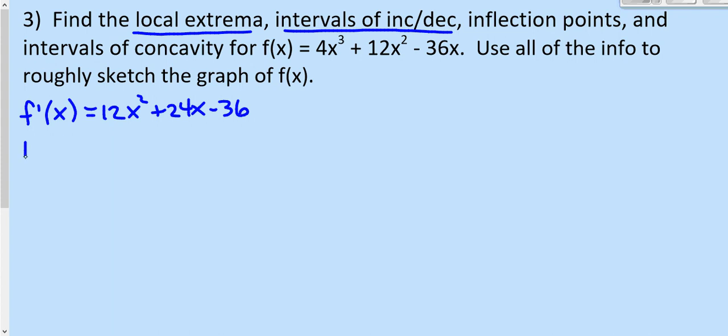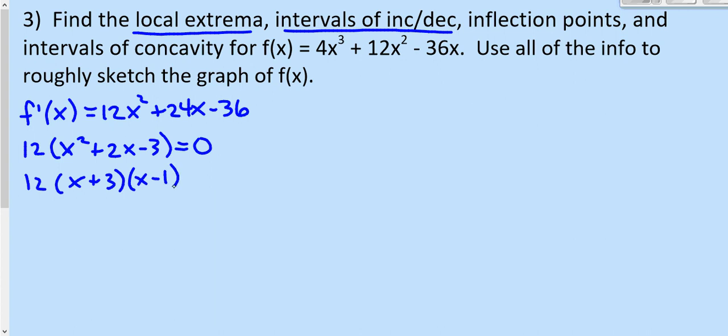I'm going to factor out a 12. 12 times x squared plus 2x minus 3 equals 0. Does that factor? x plus 3 times x minus 1? That's convenient. Set each of those equal to 0, and we get x equals negative 3 or x equals positive 1 as critical points.